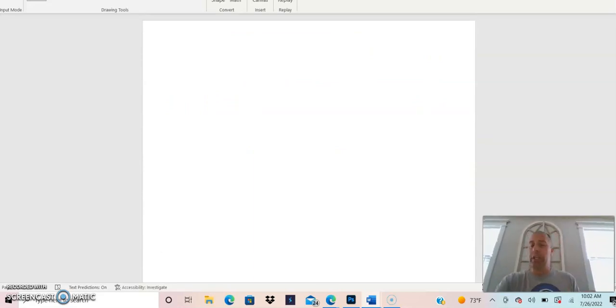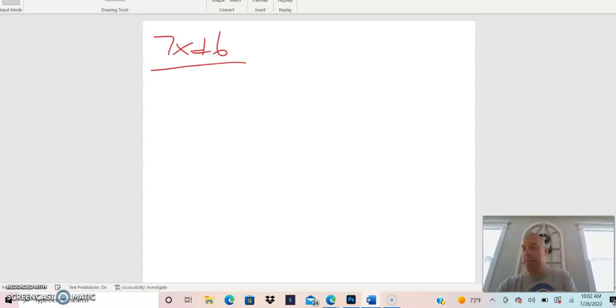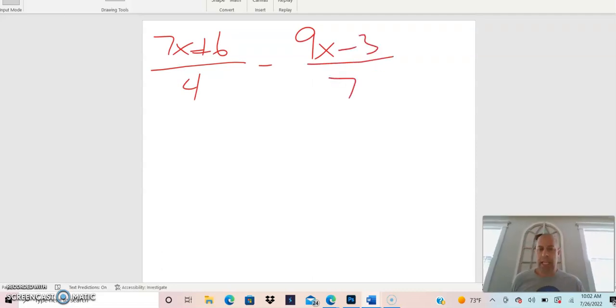So we're going to use this problem of 7x plus 6 over 4 minus 9x minus 3 over 7. So the big idea here is there's nothing to factor.